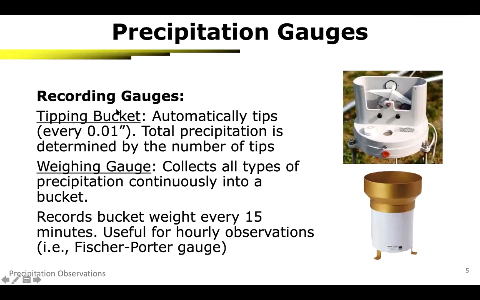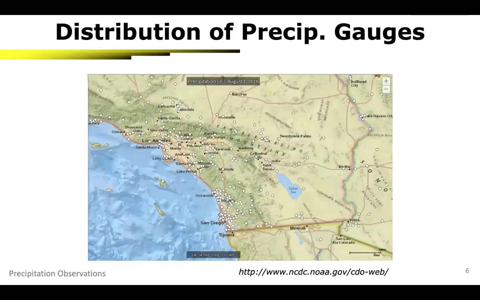So every 0.01 inches, it will count. This weighing gauge will count continuously. So it's actually quite useful to have this type of gauge if you're interested in recording precipitation in a specific increment. So for example, you can record every 15 minutes, every hour. It just depends on what you're looking for, and that will determine the type of gauge that you use.